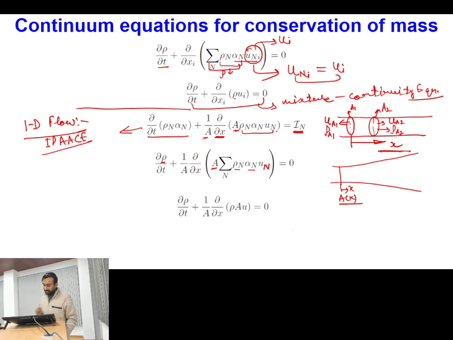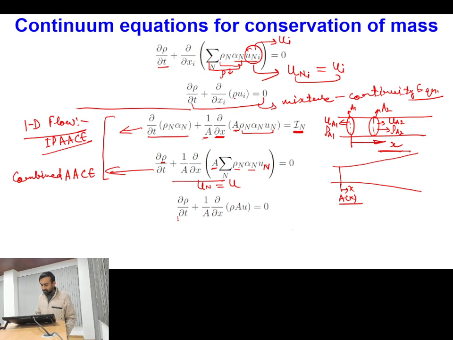And ultimately, once again, what is this? This is now the combined area averaged continuity equation, and these equations are applicable only for 1D flow conditions, where we are considering area averaged conditions. Now again, if I introduce the condition that un is equal to u, then u will also come out of the integration, so A into u multiplied by the summation of rho n into alpha n, which becomes nothing but the mixture density rho.